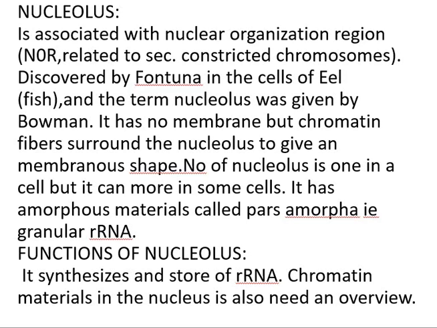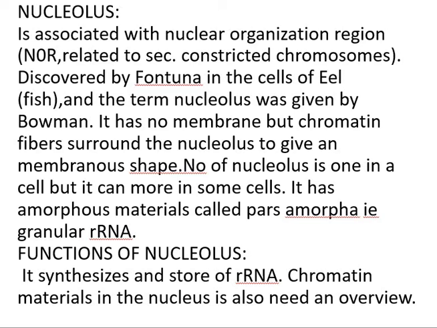It has no membrane, but chromatin fibers surround the nucleolus, giving it the appearance of a membrane. The number of nucleoli is 1 in a cell, but it can be more in some cells. It has an amorphous material called pars amorpha, which is granular, RNA-type material. Function of the nucleolus: it synthesizes and stores ribosomal RNA.